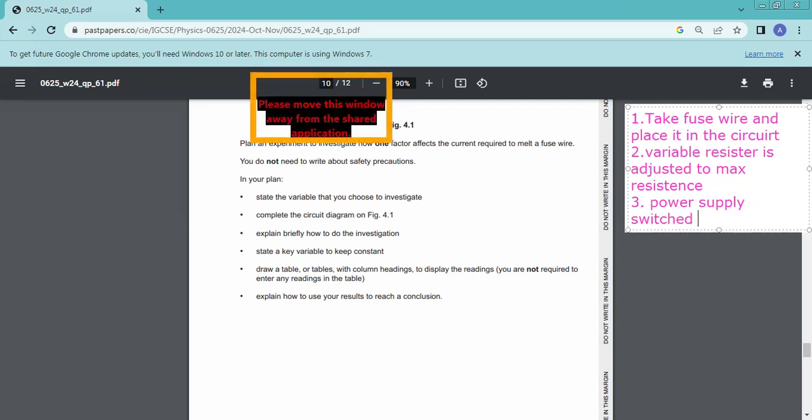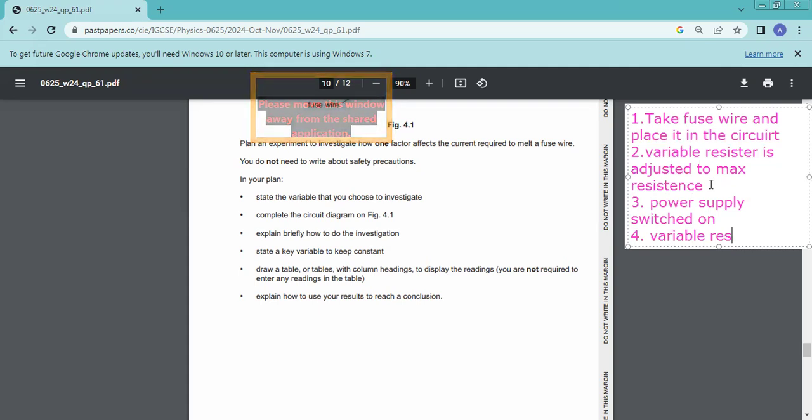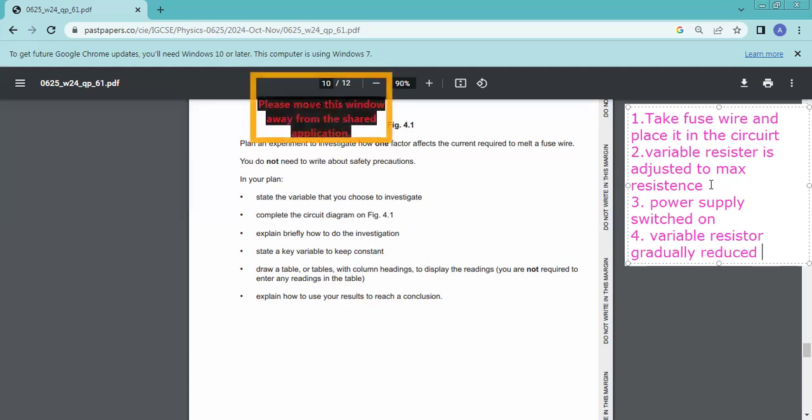Point number 4 is that the variable resistor is gradually decreased or reduced, increasing the current.